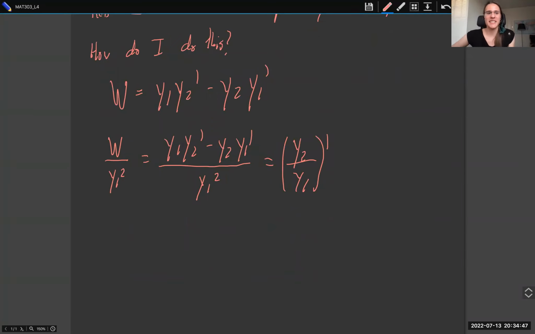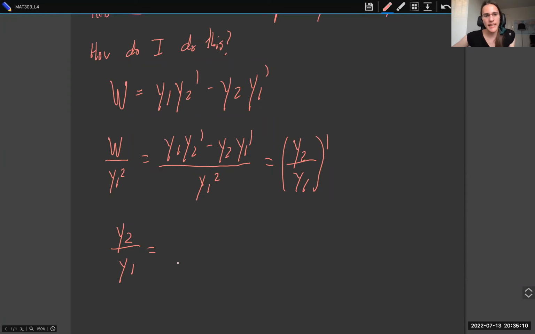Well, okay, this is great, because what it tells us is that this is going to be some function of x, right? So y2 over y1 is equal to, this is a separable equation for this quantity.